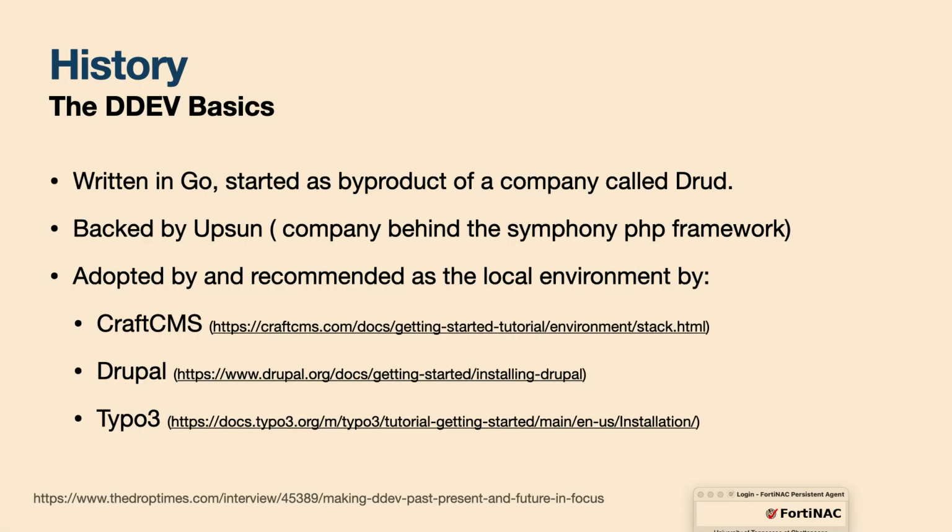DDEV, the project itself, to give you a little history, is written in Go, and that is slightly different from some of the competitors, because some competitors decided to use Electron, and Electron is a JavaScript framework that allows you to have cross-compatibility, so you could use it with Linux, Windows, or Mac.